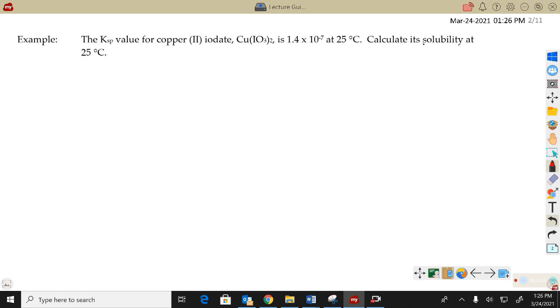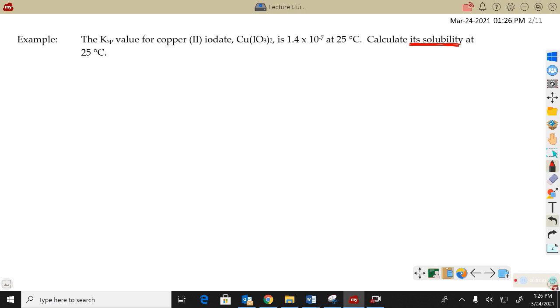This time we're going to calculate the solubility. I think sometimes people just don't know what they are asking me for. This time I want to know how much of that copper 2 iodate will dissolve per liter of solution. So let's just start with an ice table.